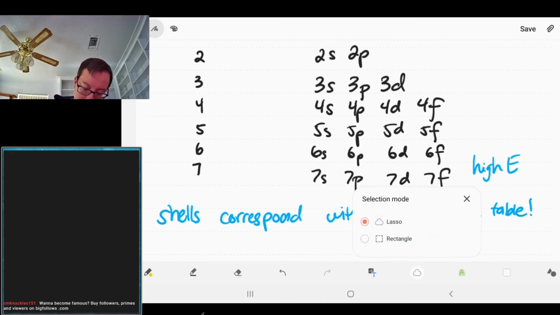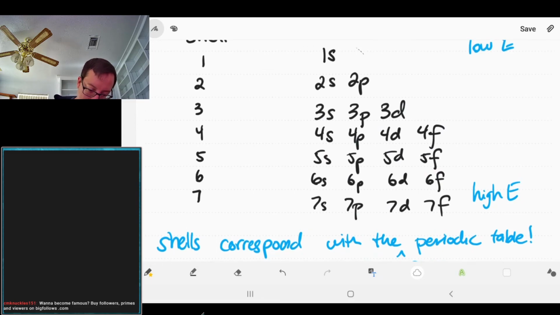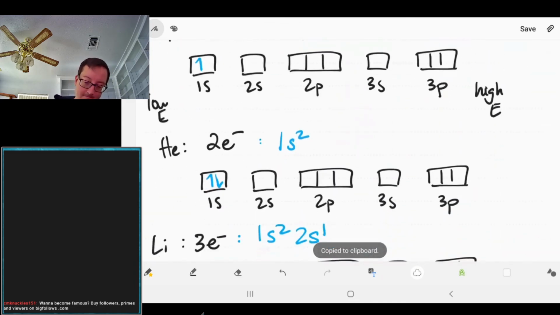So, okay. Here's our cheat sheet. Oh no, I don't have enough space. Okay, there we go. So a cheat sheet, but a mnemonic device. So a way to help remember.